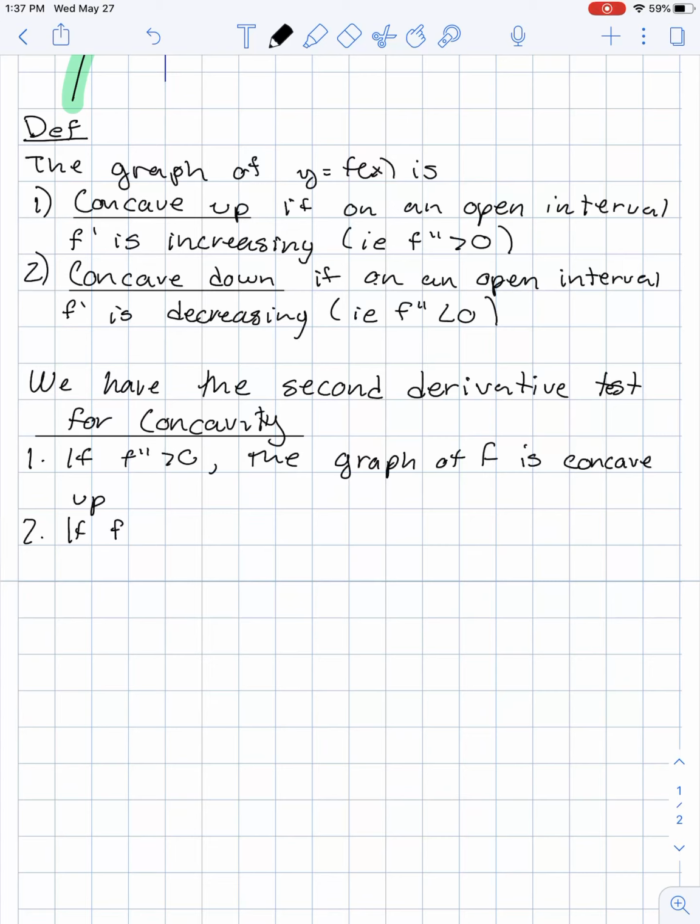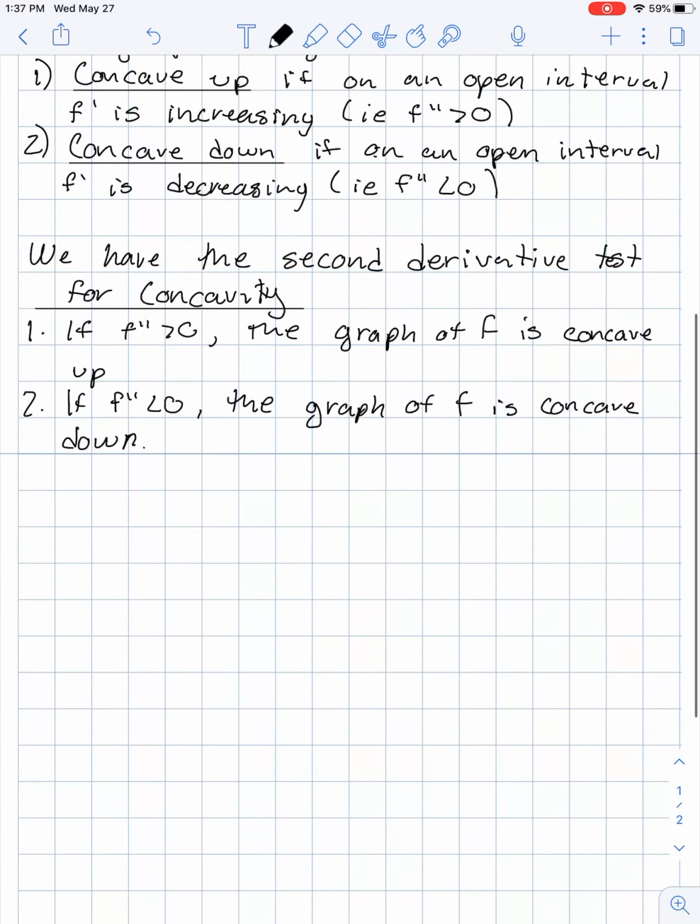And if f double prime is less than 0, the graph of f is concave down. Simple as that. All right. So let's do an example.